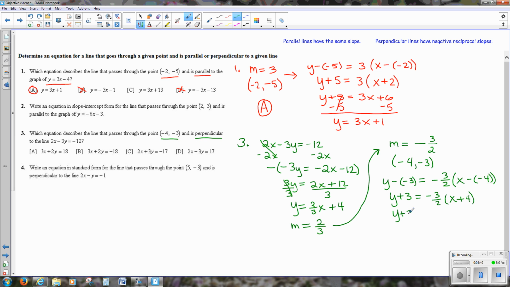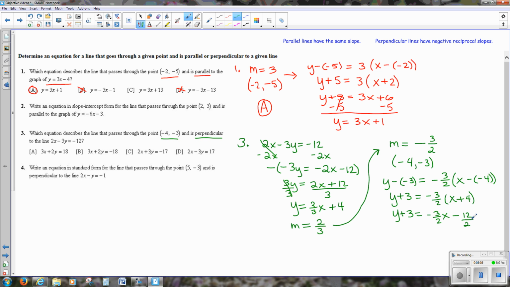Y plus 3 stays on the left side, and I'm going to go ahead and distribute here. -3 halves times x is -3 halves x. And then when I multiply these two together, I have a negative times a positive. That gives me negative. 3 times 4 is 12. And 2 in the denominator times an invisible 1 gives me 2.